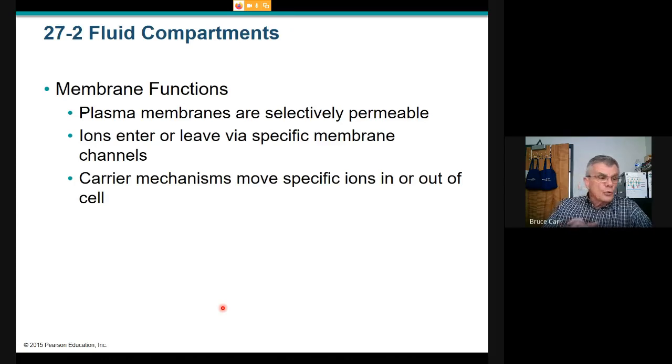So what do these fluid compartments actually amount to? Things to remember: plasma membranes are selectively permeable. Ions are specifically transported. The channel may be passive, but it would be something so specific, we might call it a slow leak potassium channel. That means only potassium moves through it and always at a slow rate.